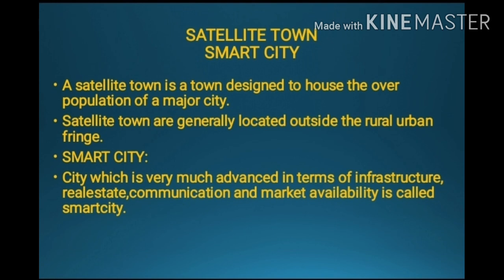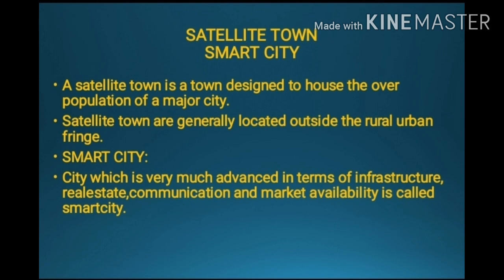Smart city. In an urban region, a city which is very much advanced in terms of infrastructure, real estate, communication and market availability is called a smart city. So that particular urban region must be well advanced in infrastructure, administration, communication, real estate and market.